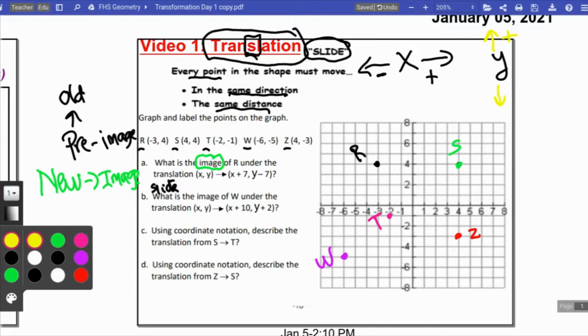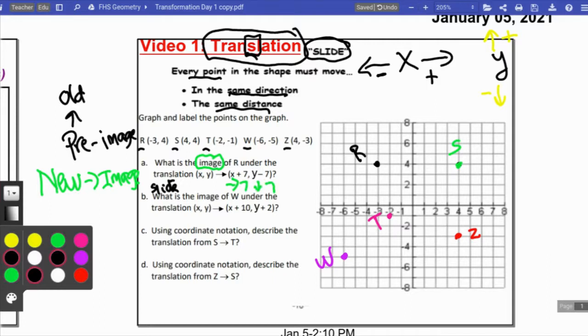Down means you got to be negative, right? So we're going to move it in those directions, left, right, up, or down. So in this case, we will go right 7, down 7.